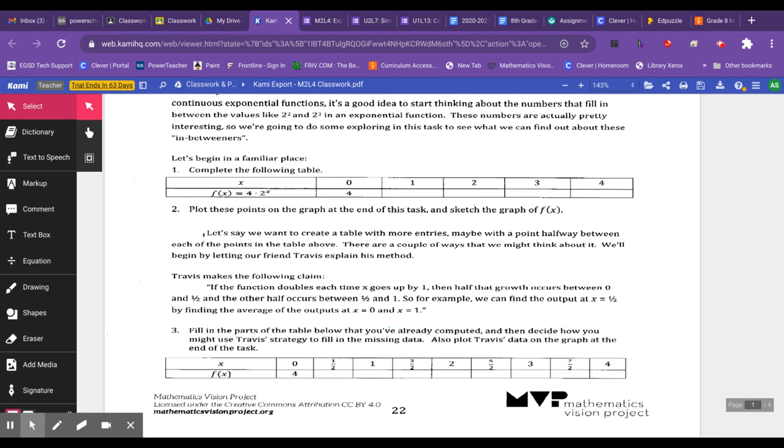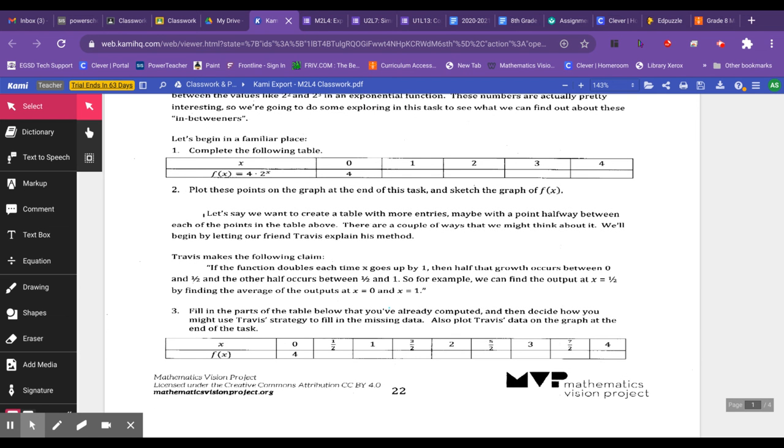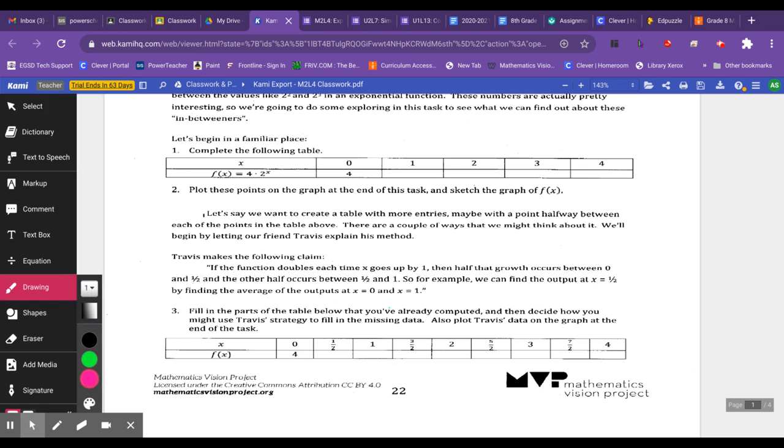Let's fill in these boxes here with the answers. So we know what this function should look like putting in whole numbers. I'm going to use yellow and some pink.